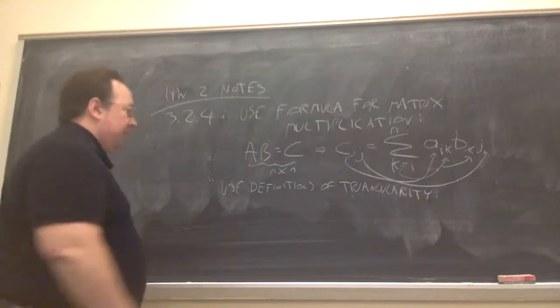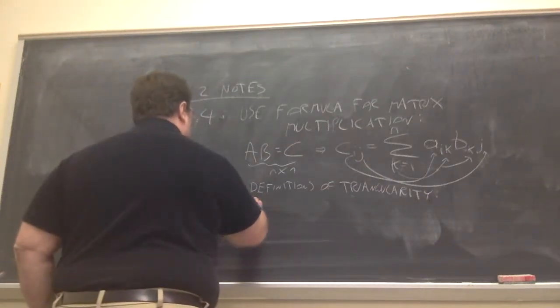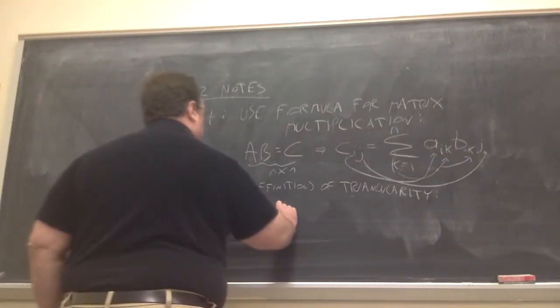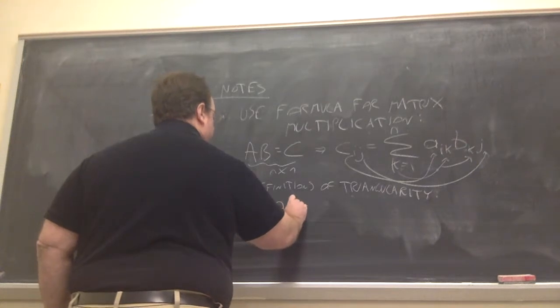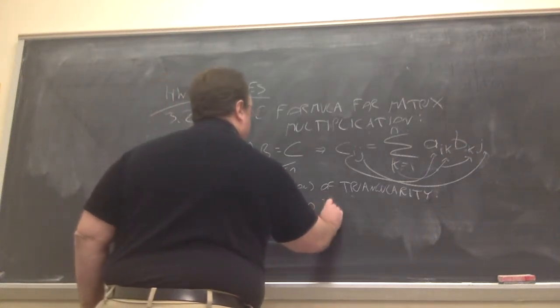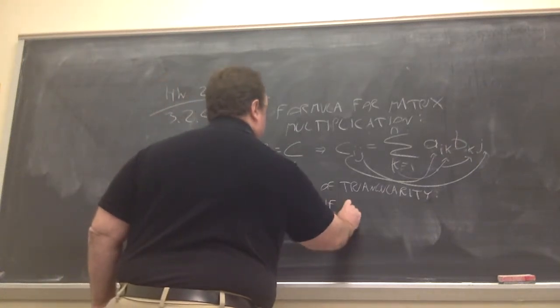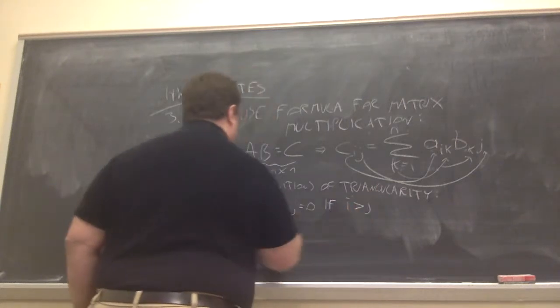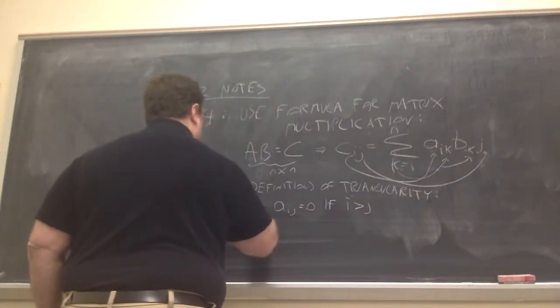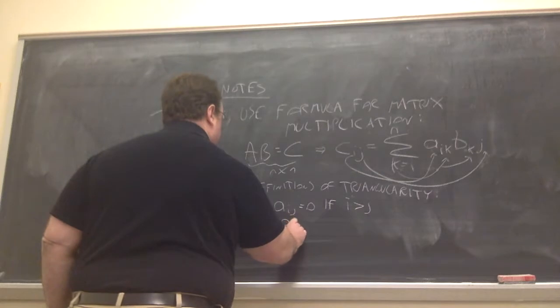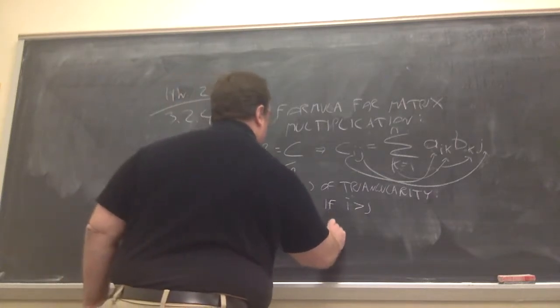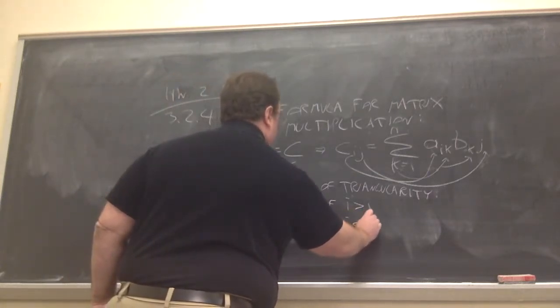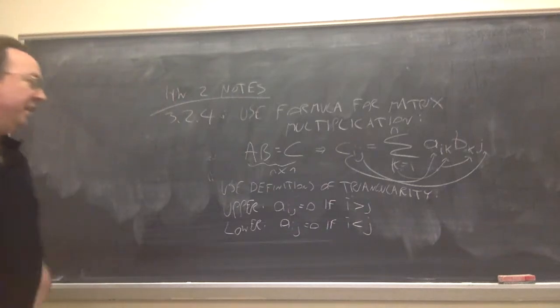Okay, and that is for upper, Aij is equal to 0 if i is greater than j, and for lower triangular, Aij is equal to 0 if i is less than j.